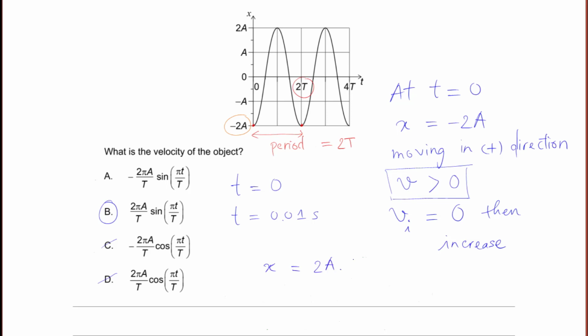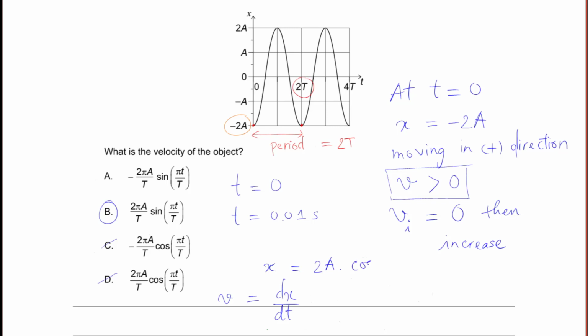We can choose sine or cosine. And in order to test if our answer B is correct, and remember that velocity is the derivative of displacement with respect to time, then we would choose x to be a cosine function, so that when we take the derivative of cosine, we get the sine function.